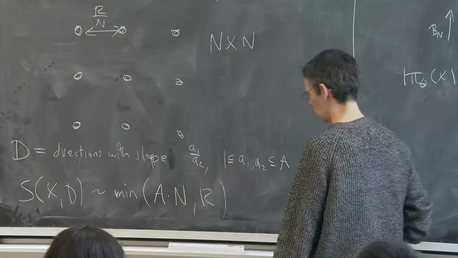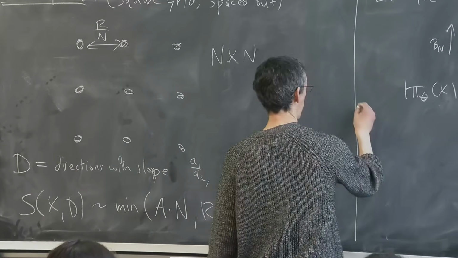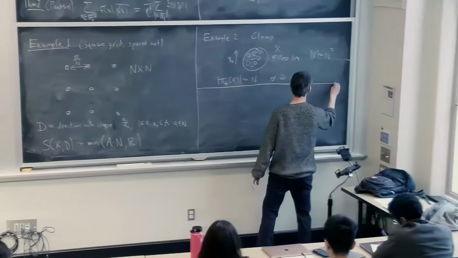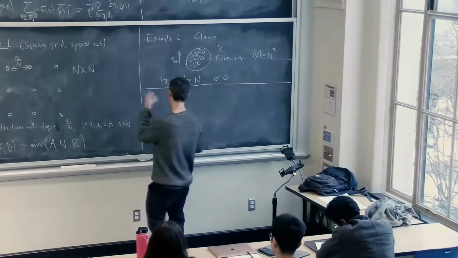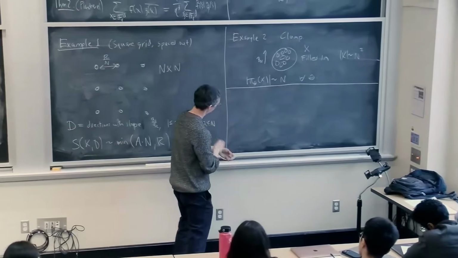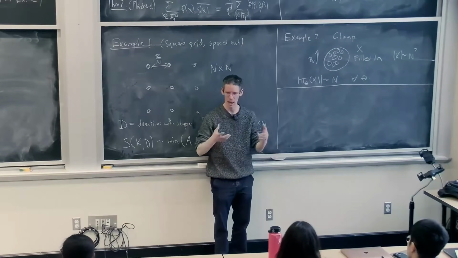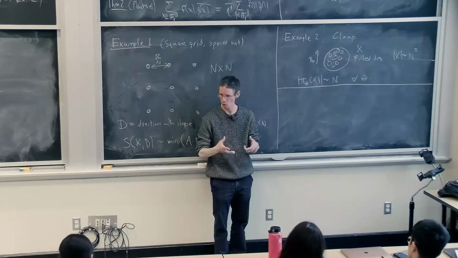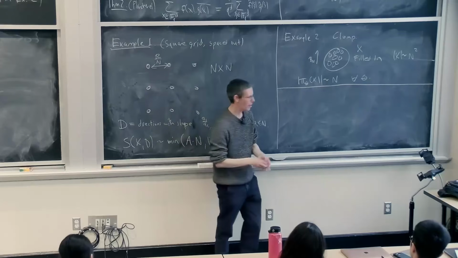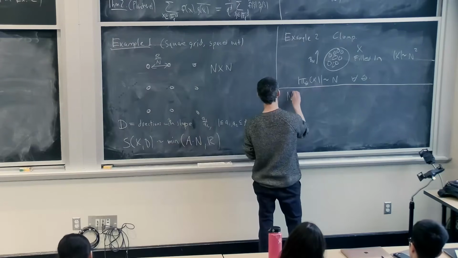OK. So what does it mean that the points get spread out? We need to have some rules about it. Or how do we make that precise? Being clumped together means there are a lot of points in a small ball. And we can quantify that in the following way.